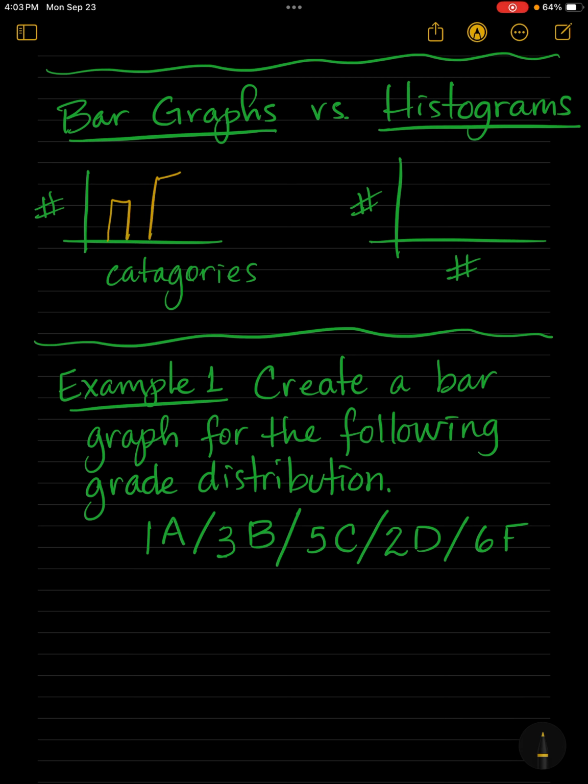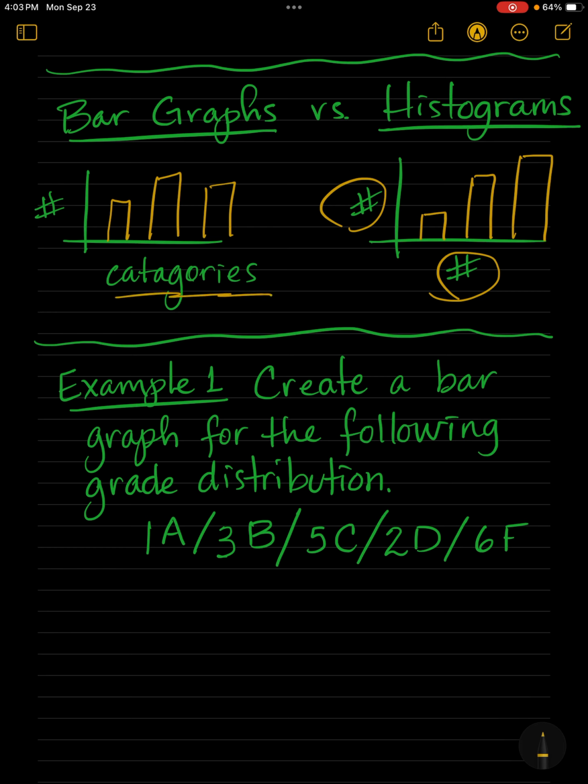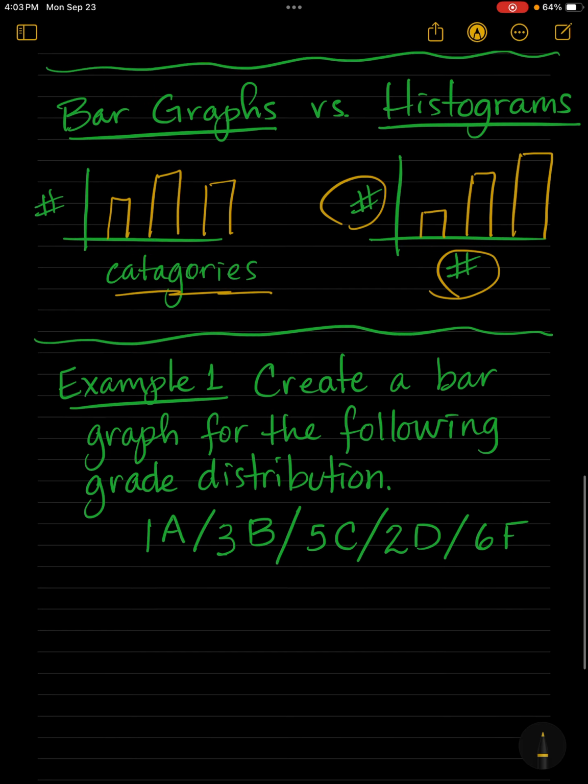They can both have bars or maybe X's or just whatever. So they may both appear to have bars, but histograms have numbers on both axes, whereas bar graphs have categories on one of the axes and numbers on the other one.